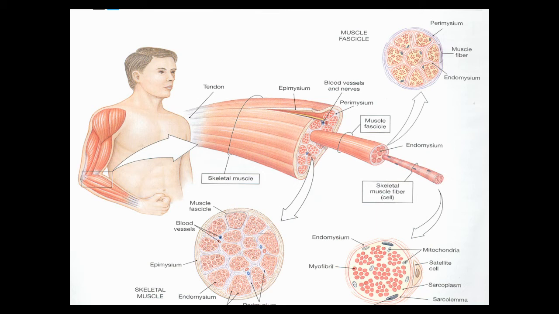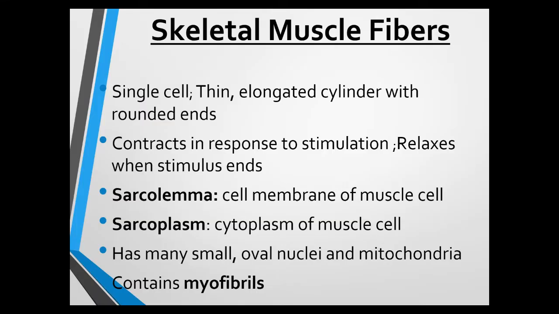There is the perimysium that then does surround the fascicles. We do have blood vessels and nerves that surround. We do have the epimysium that surrounds the whole thing, and fascia is going to be like a thin covering that's going to surround it, and then it will attach to the bone through the tendon or the aponeurosis.